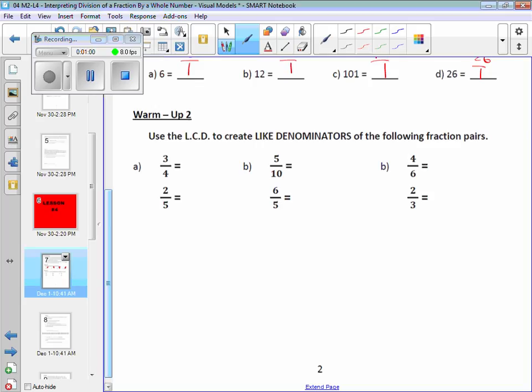Automatically, the number's got to be at least 5 or greater. So start there. Will 5 go into 5? Oh, yeah, it will, but 4 doesn't. So what's the first number that both 4 and 5 go into? Well, yes, it's 20.